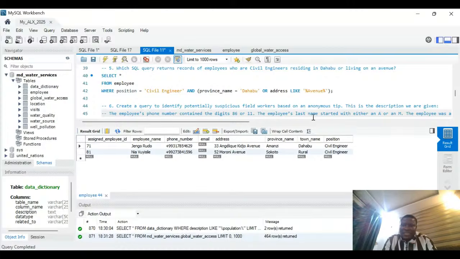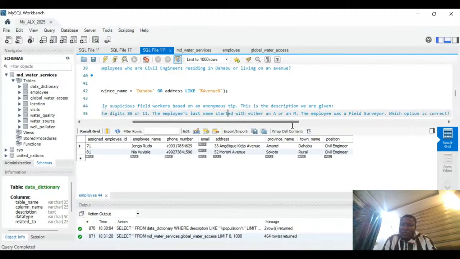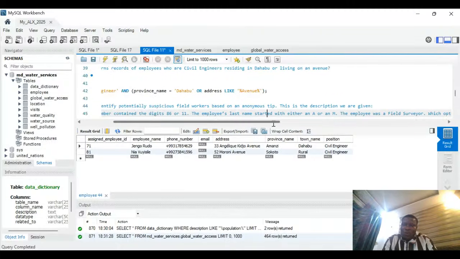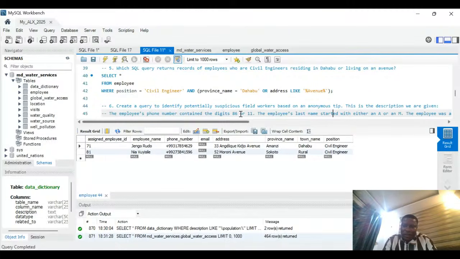The employee's last name started with either an A or an M. And the employee was a field surveyor. Which option is correct? This is a mouthful. This is a very long one.